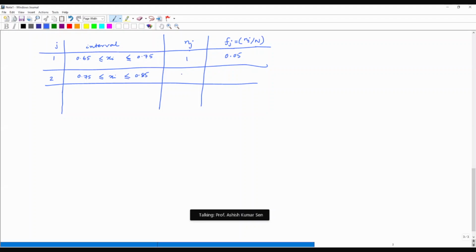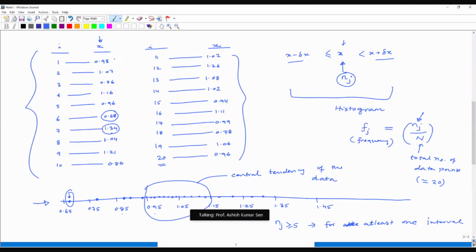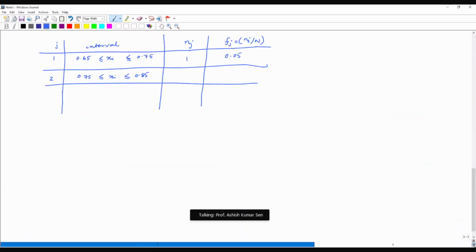Between 0.75 and 0.85, I have only one data point, so Nj equals 1 and this is also 0.05. Now j equal to 3: 0.85 less than or equal to xi less than or equal to 0.95.